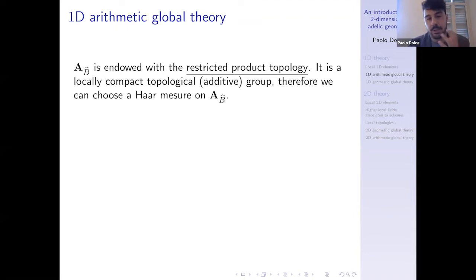So it's just a choice of a Haar measure that makes calculations nice. Okay, so this is a really important bit. The topological aspects of adeles are really important, and this is the first point where the theory is interesting.